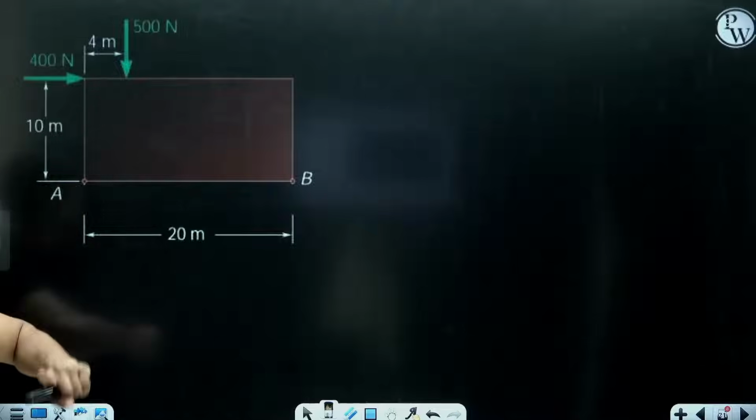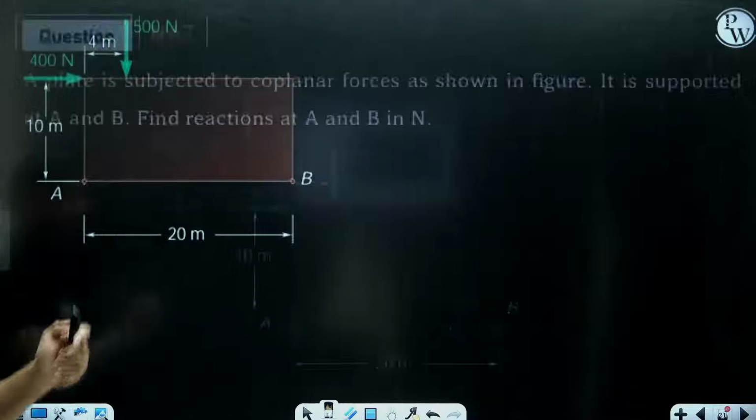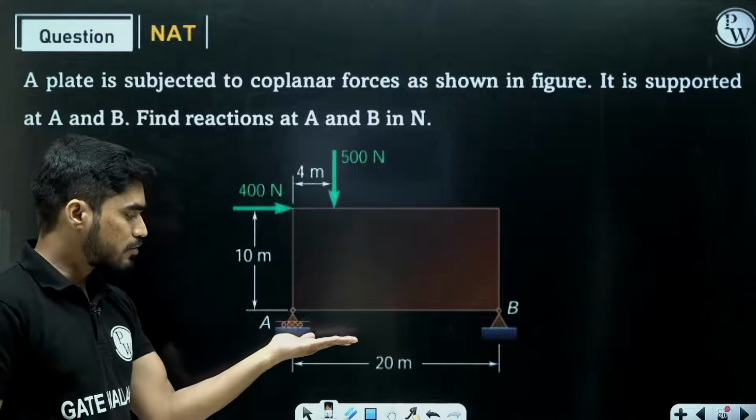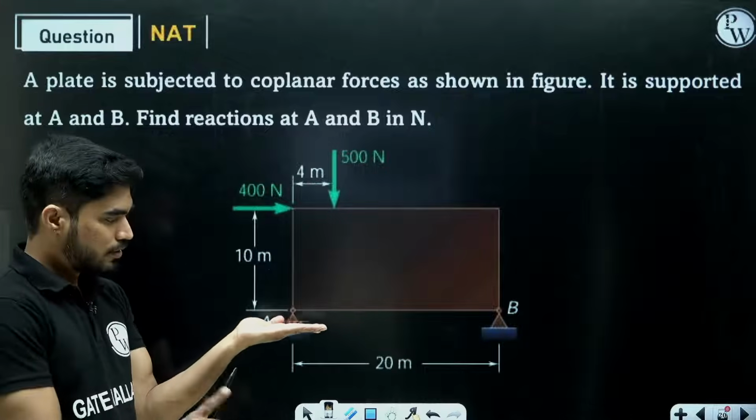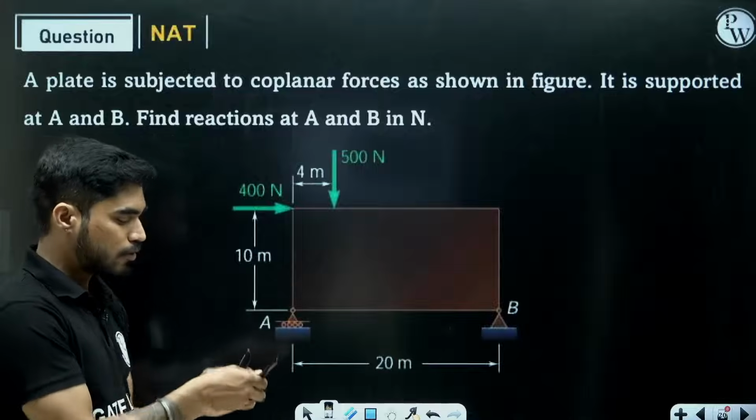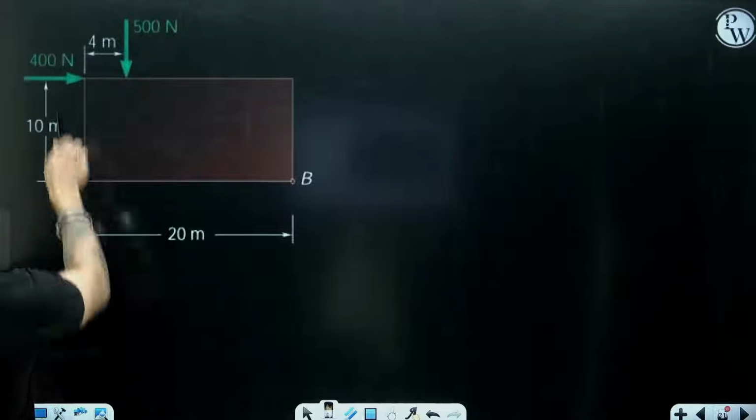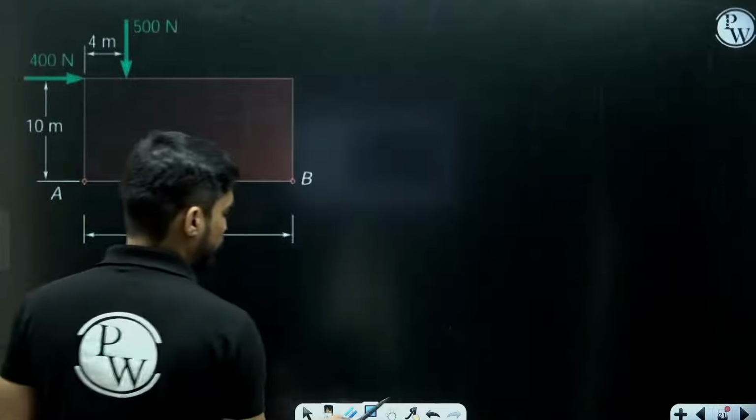If you remove the roller support, you will have to apply a reaction normal to the surface of the roller. So this is the surface of the roller, so the reaction force must be normal to it. It can be in plus y or minus y direction. It is up to you.